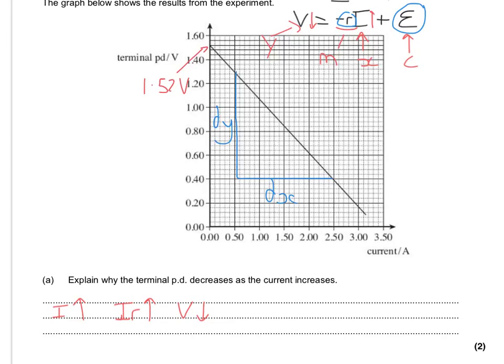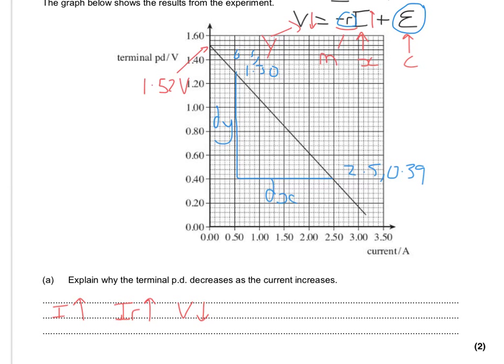If you do that here, you end up with 1.30 as your y coordinate, at 0.5. And this coordinate here is at 2.5, and it's just under, so I'd say that's probably 0.39.